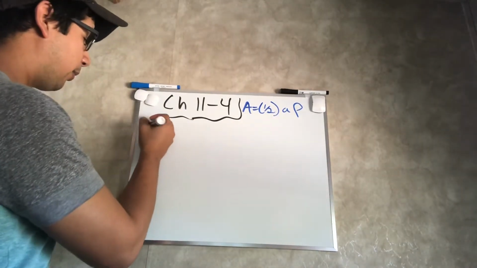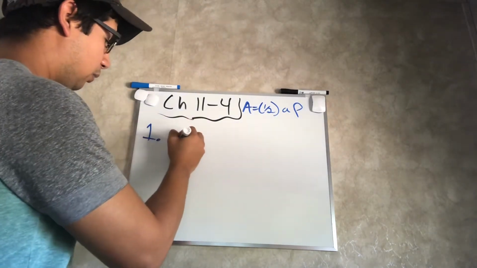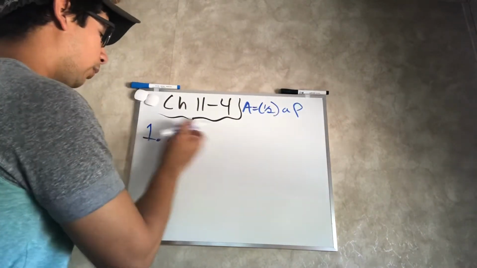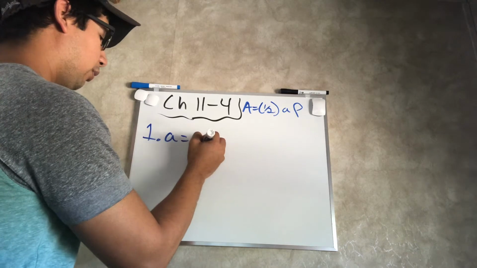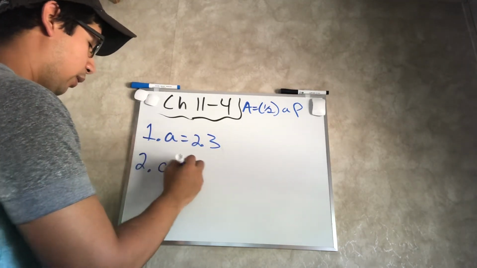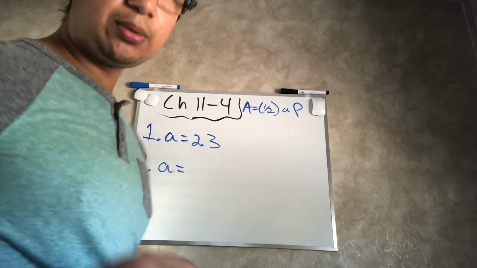So for number 1, your apothem is going to be 2.3. For number 1, your A is going to equal 2.3. For number 2, your A is going to equal, let me check which one is number 2.